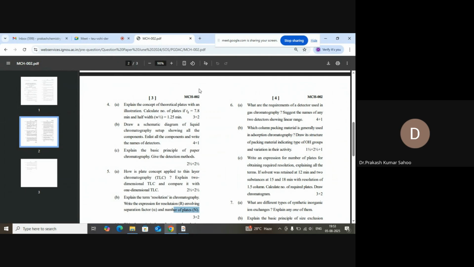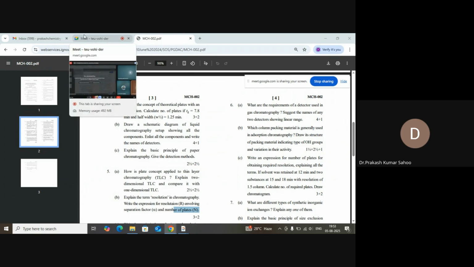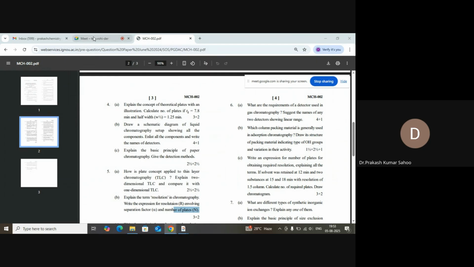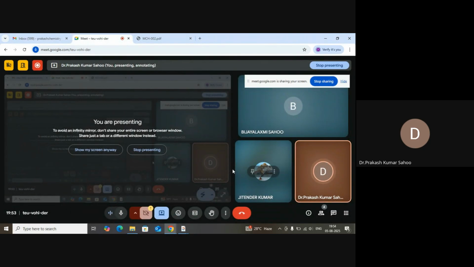And regarding your theory paper, you just go to the online material which is available on the website, and in the month of December you have the theory examination, and I think your assignment date is... just check the website. Okay, everything is there. And Vijay Lakshmi, any question?